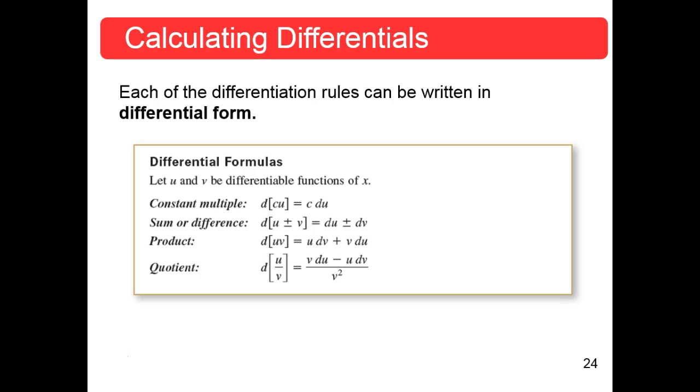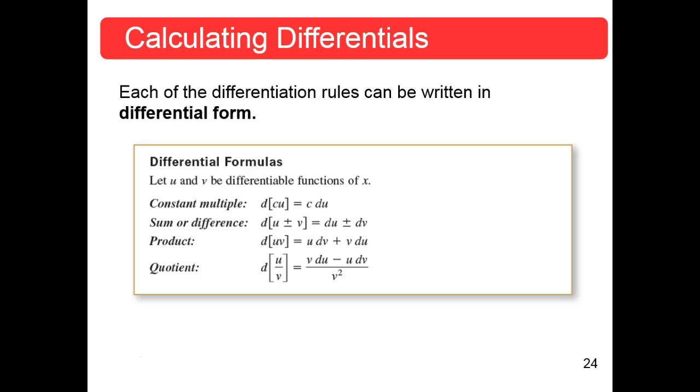I guess a better way of saying this, if this was d/dx of cu, that would be c times du/dx. And d/dx of u plus or minus v would be du/dx plus or minus dv/dx. All you've done here is multiply through by your dx's, so you don't have the dx's anymore. You just have the thing.